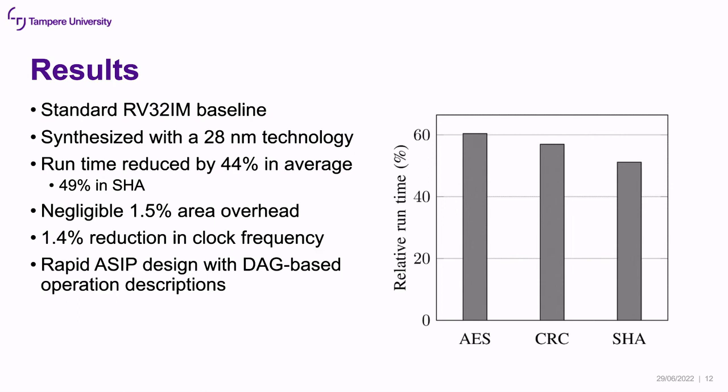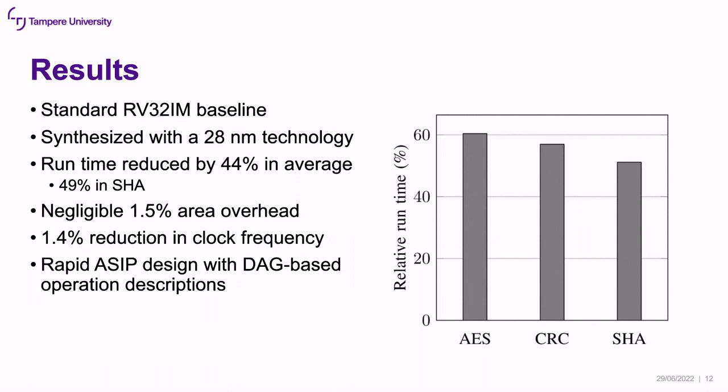As the baseline for the results, we use the standard RV32IM that has no custom operations. We synthesize the designs with 28nm technology and ran the applications in RTL simulation to acquire runtime information. On average, the runtime was reduced by 44%, and in the best case, in SHA, 49%.